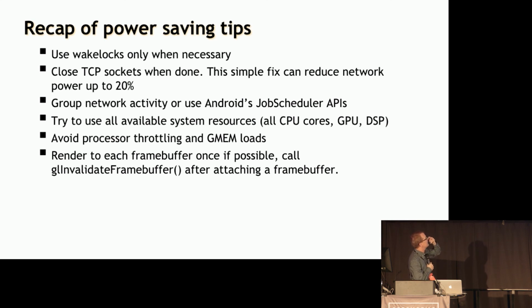Close your sockets when done. This can reduce network power up to 20%. Group network activity or use Android's job scheduler APIs. Try to use all available system resources, all your cores, your GPU, DSP, everything available. Avoid processor throttling and GMEM loads. And render to each frame buffer once if possible.